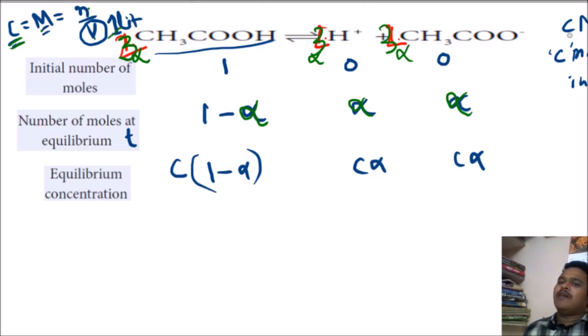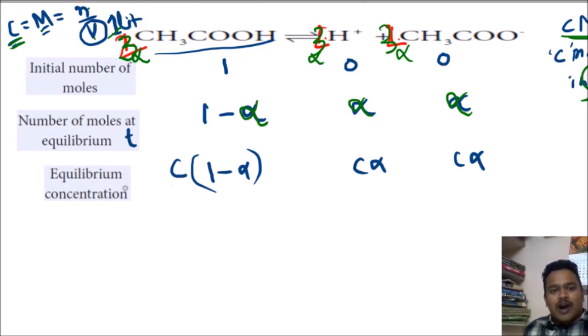C molarity means C moles per 1 liter. If 1 liter is not mentioned, I can consider it as 1. For C moles, the values are C into 1 minus alpha, C alpha, and C alpha. Now you got this.